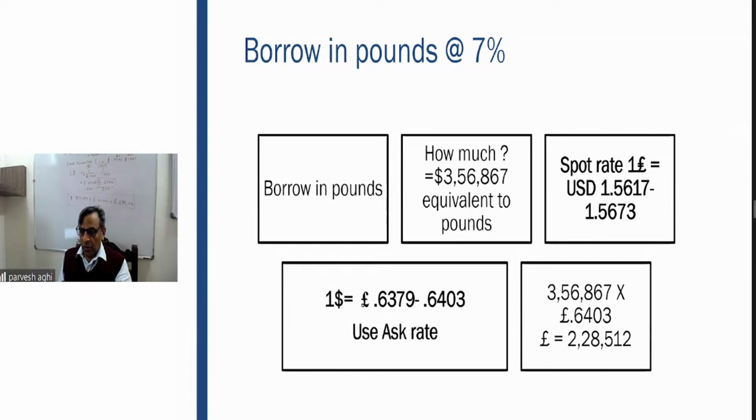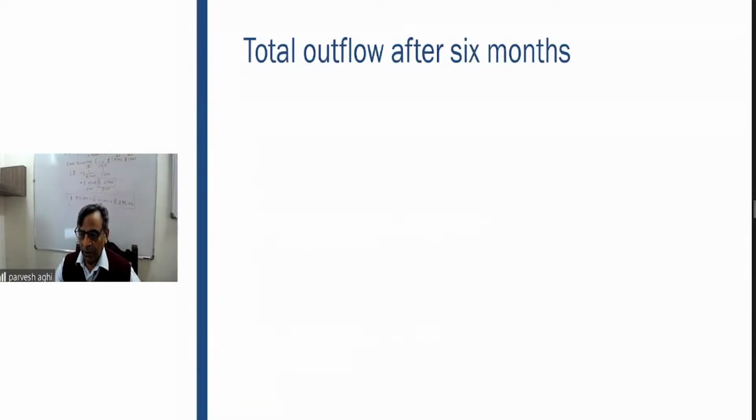So he needs 2,28,512 pounds. Suppose he has 2,28,500 pounds and he converts this money into dollars, it will become 3,56,867, which he is going to deposit in America at 4.5%. It will pay off his liability. Going back and forth, we can see this is the way we are working.